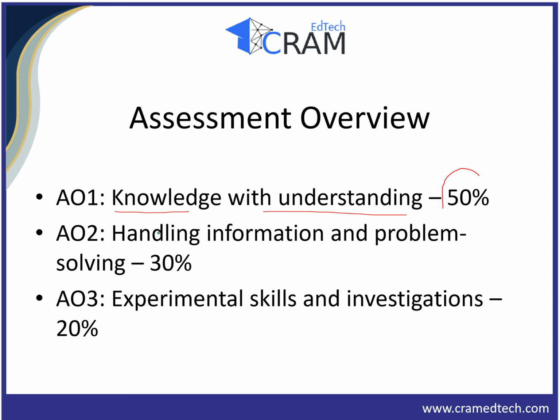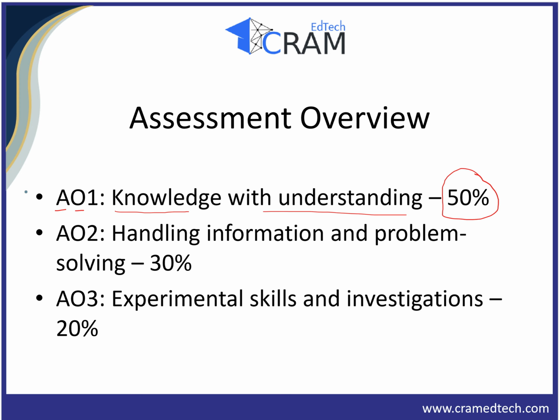When the examiner is setting the question, the examiner wants to assess whether you just have the knowledge of the contents or you have the knowledge with understanding. So that's 50%. Then the second assessment objective, AO means assessment objective, is handling information and problem solving. This is 30%. What does it mean?